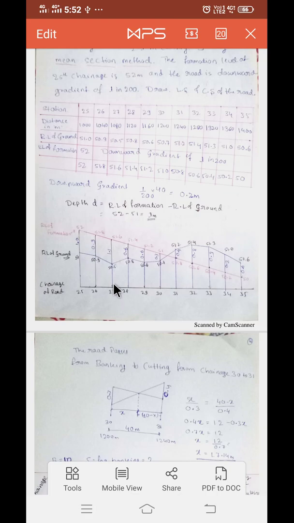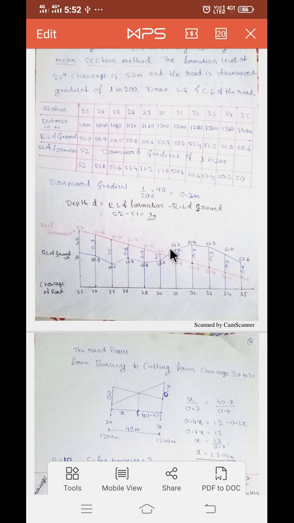At 26 it is 50.9, means it is lesser than this. Again for 27 it is 50.5, again lesser than this. For 28 it is 50.8, higher than this. So likewise draw this RL of the ground here and join those lines.